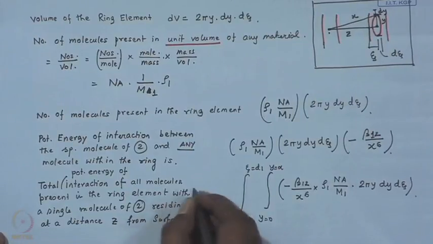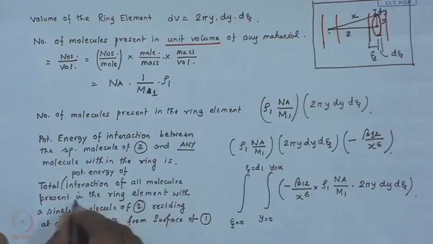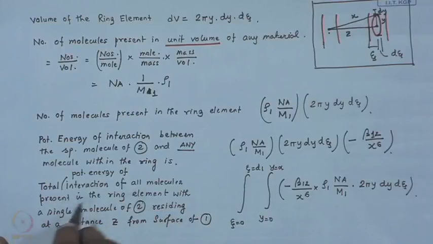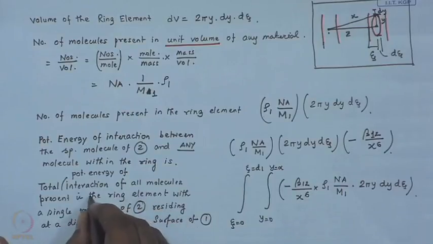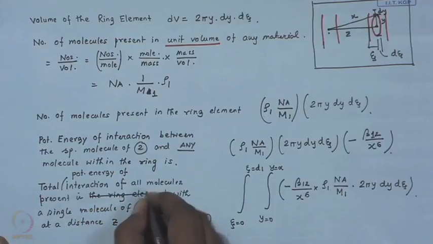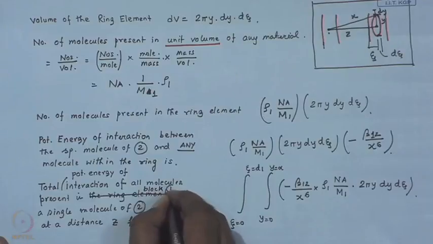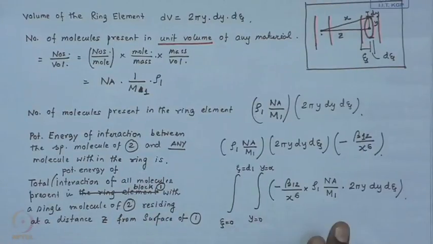I am a little sorry, this is not the total energy of interaction of all molecules present in the ring element, but the total energy of interaction of all molecules present in block 1. That is why we do the integral.